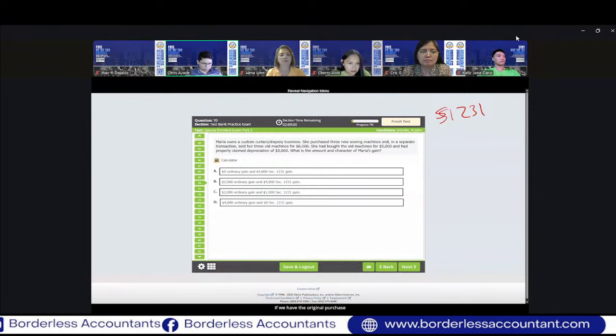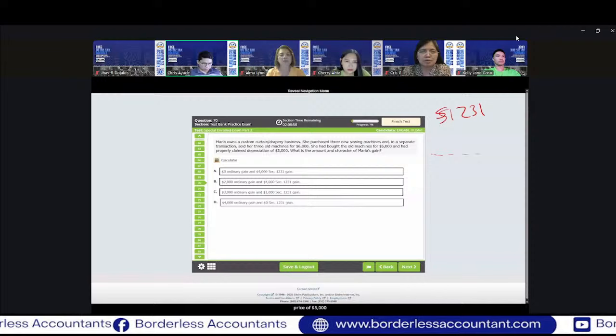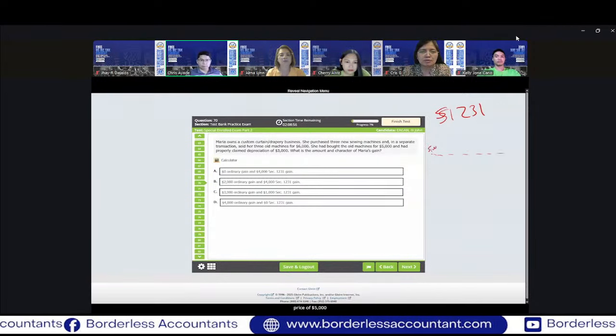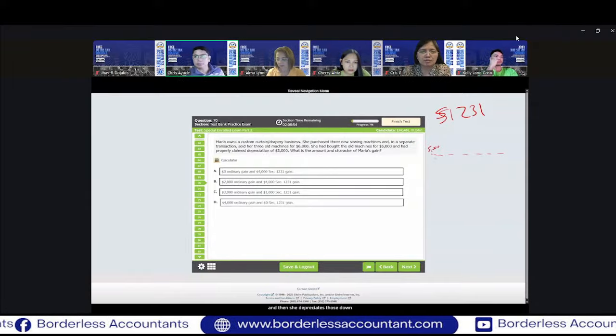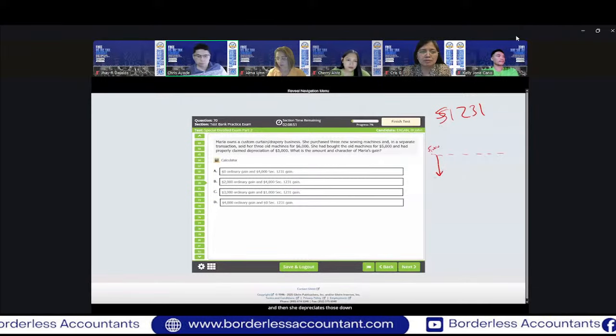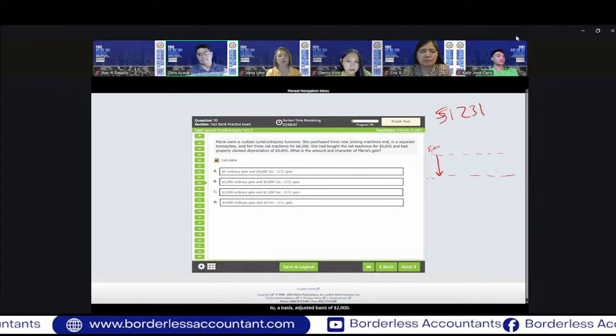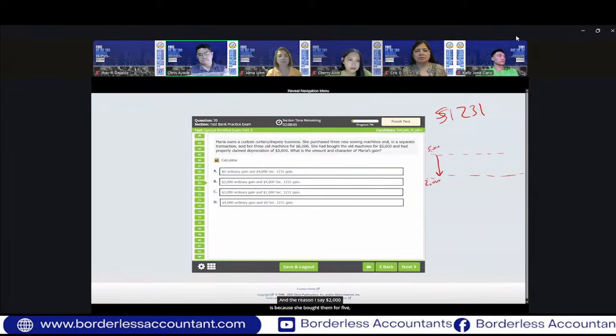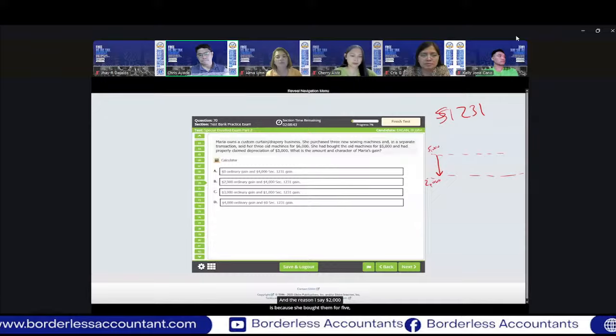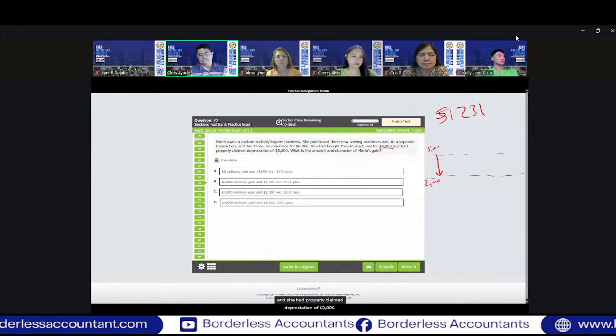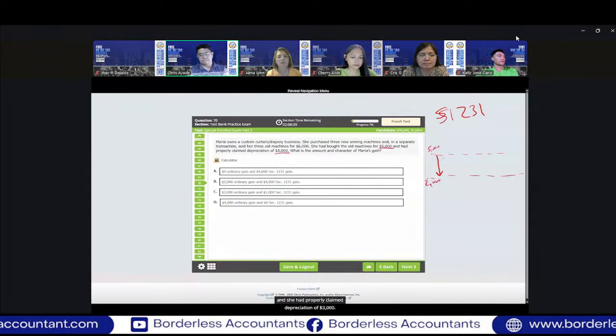If we have the original purchase price of $5,000, and then she depreciates those down to an adjusted basis of $2,000. And the reason I say $2,000 is because she bought them for $5,000 and she had properly claimed depreciation of $3,000.